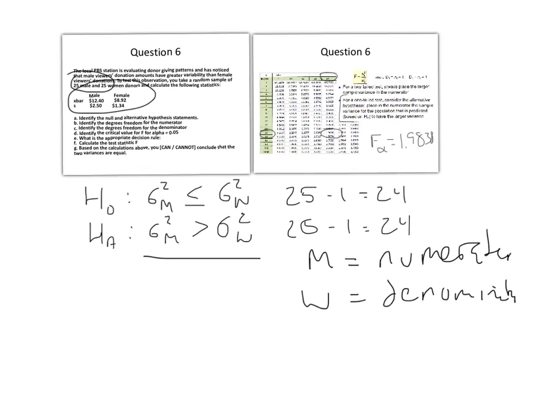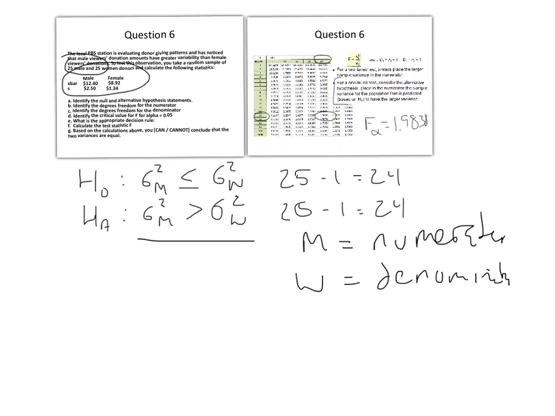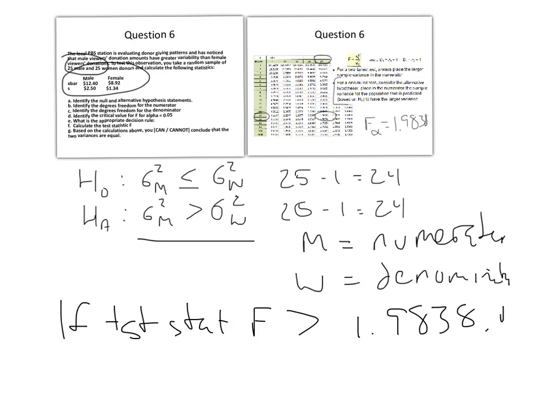Then the decision rule, which I think was the next part of the question: if the test statistic F is greater than 1.9838, reject the null, otherwise do not reject. Alright, so far so good.